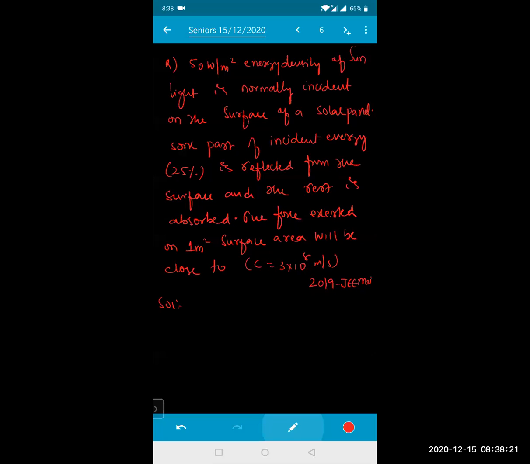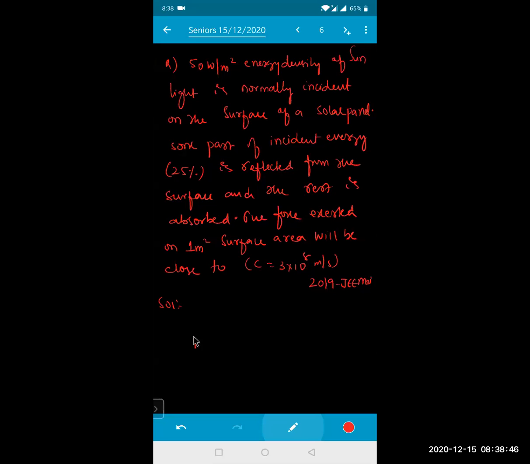50 watt per meter square is the energy density of the sunlight normally incident on the surface of a solar panel. Some part of the incident energy, that means 25% of it, is reflected from the surface, and 75% is absorbed. The force exerted on 1 meter square surface area will be close to how much?